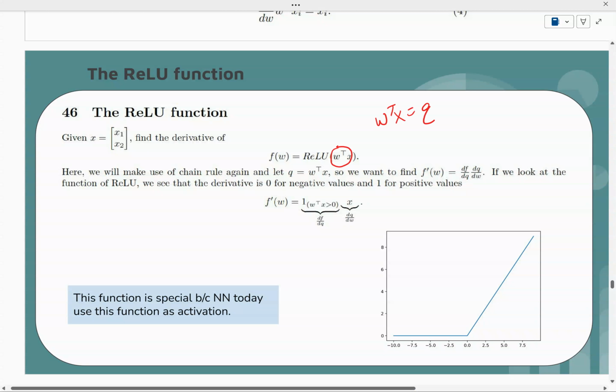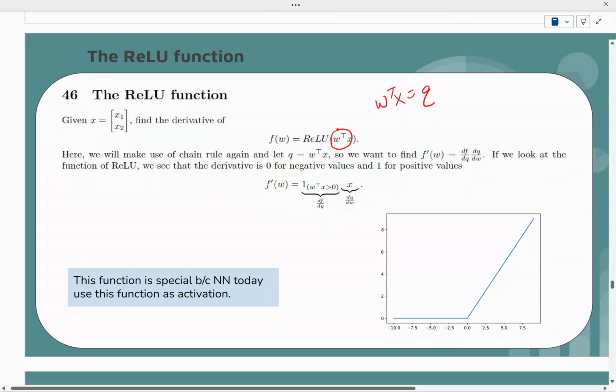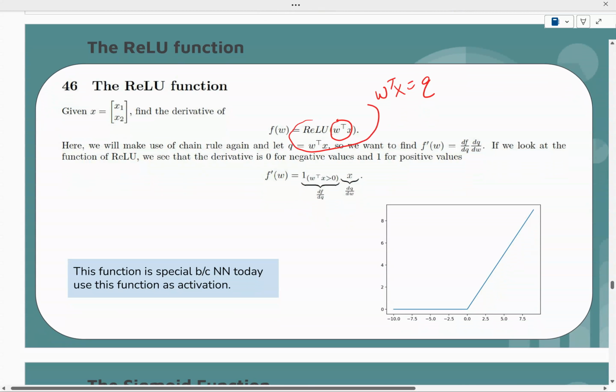Okay, so now we know that the derivative of q will be 1 if W transpose x is greater than 0. So this is called an indicator function, which says it's 1 if it's greater than 0, and 0 if this condition is not met. So the key is basically, I should have explained the indicator function first.